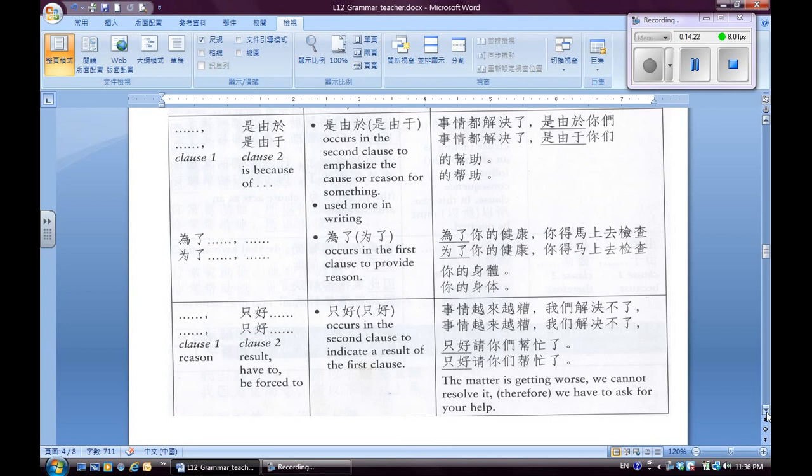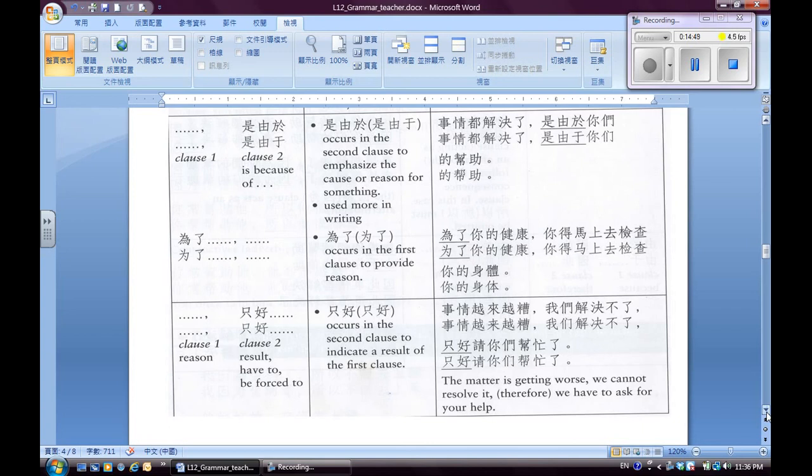It is also used more in writing. So let's look at the example. 事情都解决了是由于, is because of 你们的帮助, your help. Okay, put it in the second clause. Emphasize the cause or reason for something.